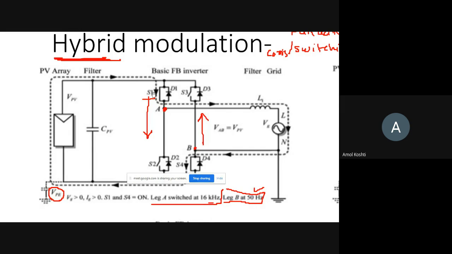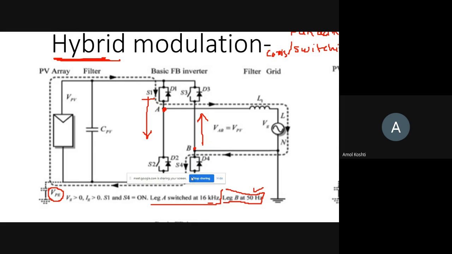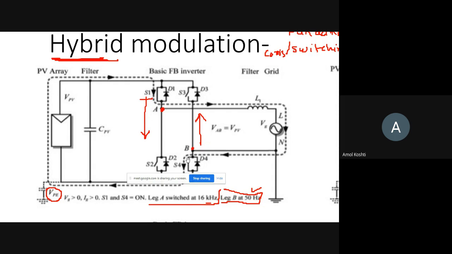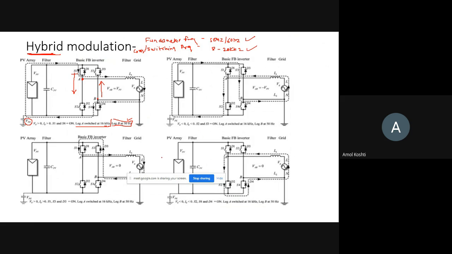In leg A we have S1 switched, in leg B we have S4 switched, or we can say turned on. Obviously its frequency is very high, so the time period will be less. The switching of S1 will be faster than the S4 switch, and in this way the output is produced. This is called hybrid modulation.